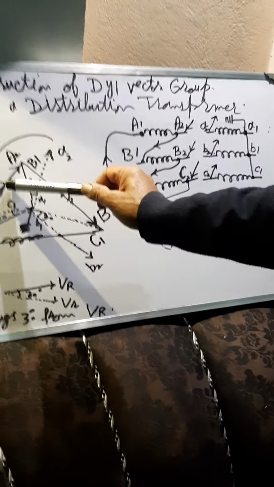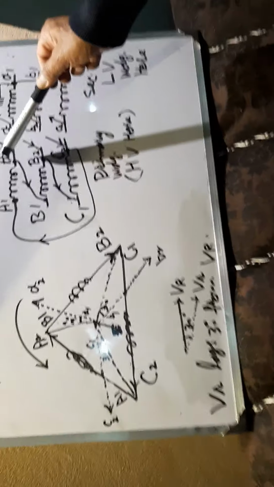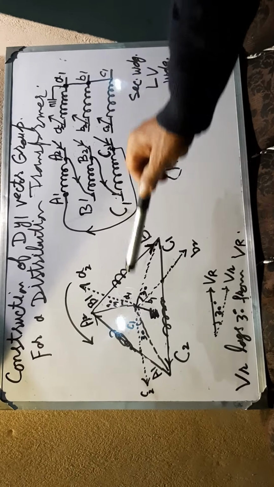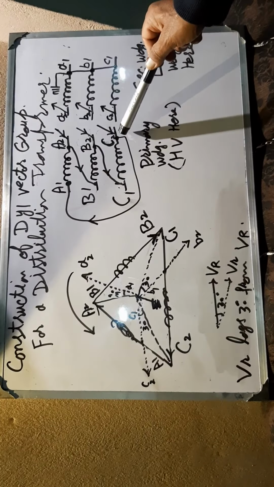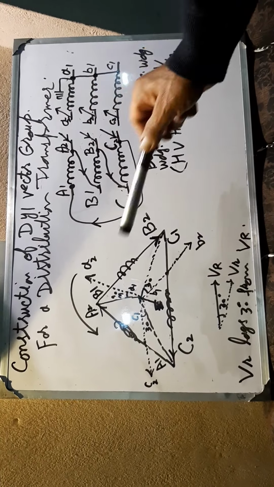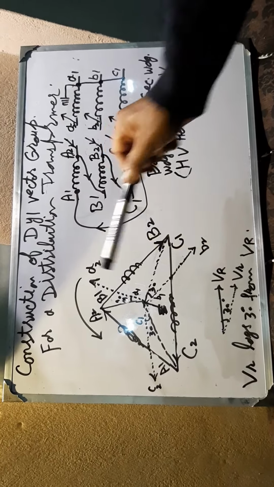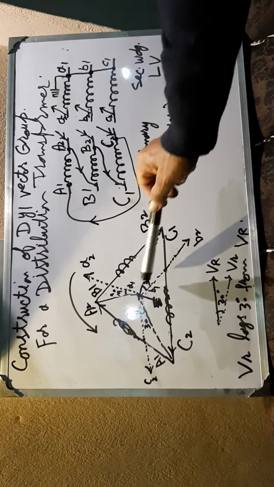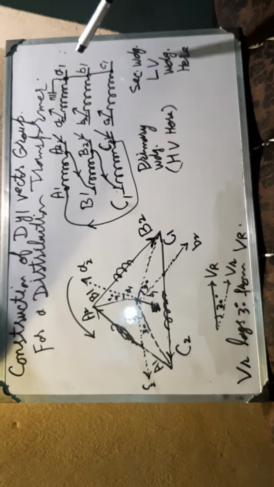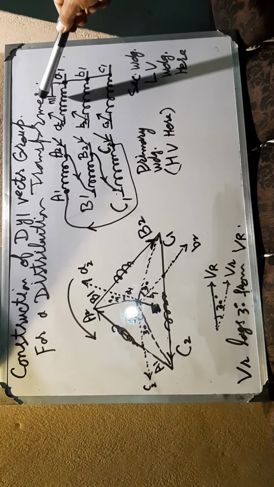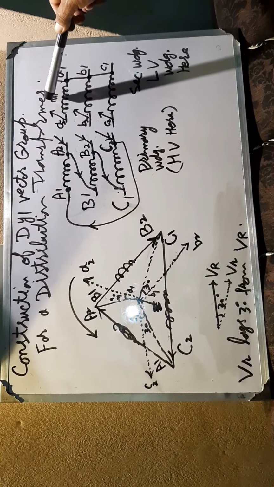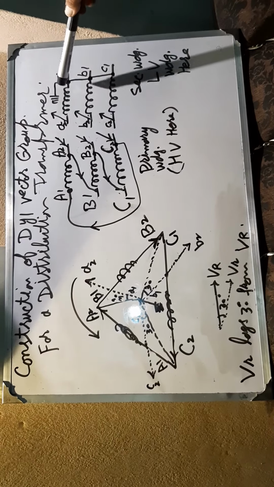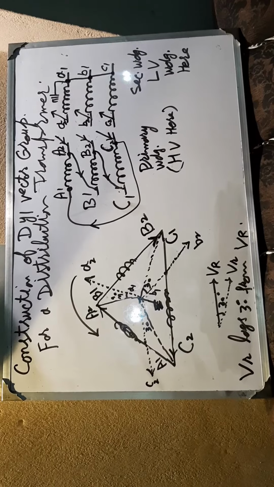You can see, tally this figure please, that A2 with B1, B2 with C1, and C2 with A1, and I have shown the directions of current also. Similarly on the secondary side, A1, B1, C1 have the star point, and I have earthed it here on the red phase side. The star point is earthed on the red phase side.